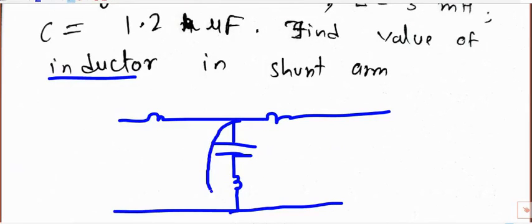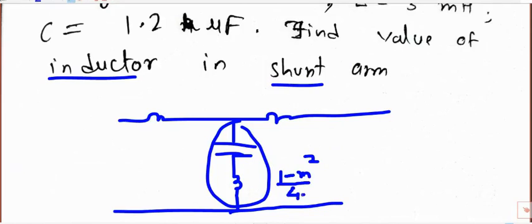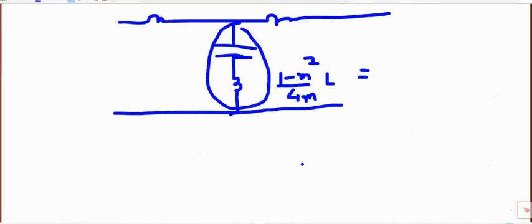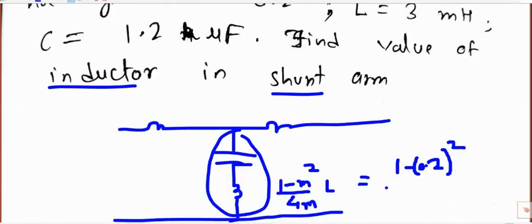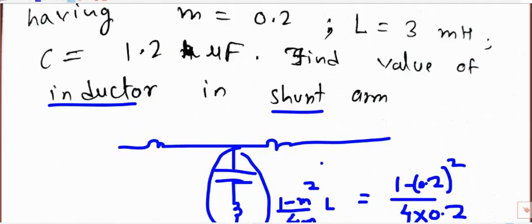So the shunt arm is this. They have asked what is the value of the inductor in the shunt arm. What is the formula? (1 minus m square) divided by 4m into L. So that becomes, m given is 0.2, so (1 minus 0.2 square) divided by (4 into 0.2) into the inductor, which is 3 millihenry.